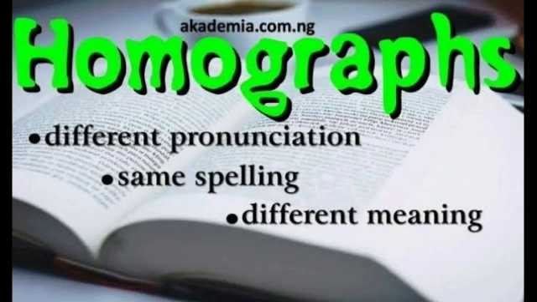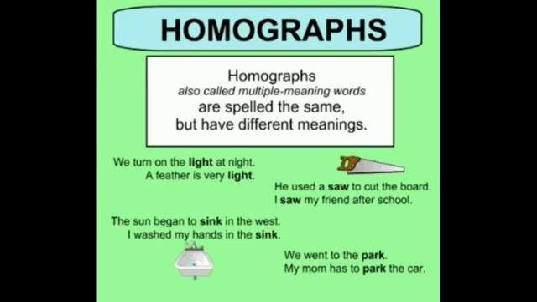Now we'll see homographs. Homographs mean same spelling with different meaning and different pronunciation. Homographs are also called multiple meaning words, means they are spelled the same but they have different meanings.